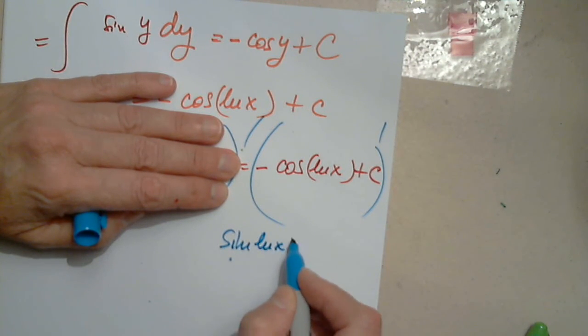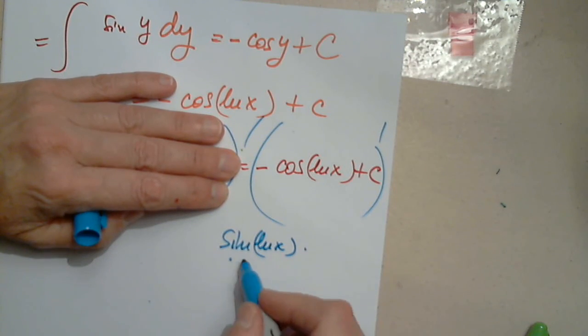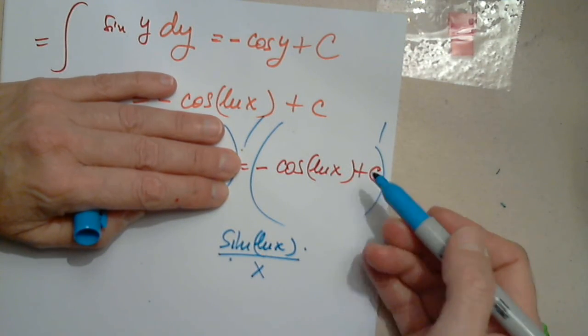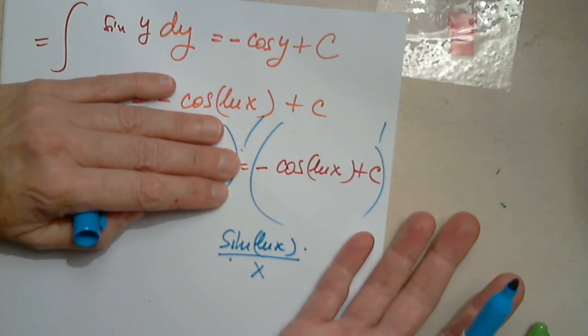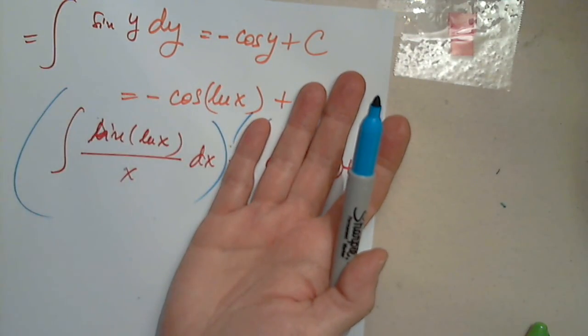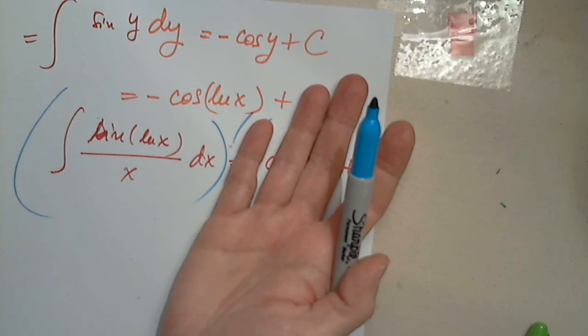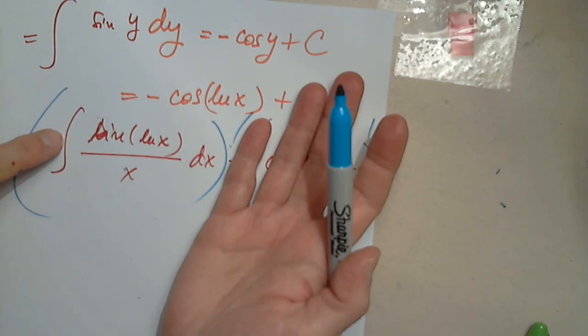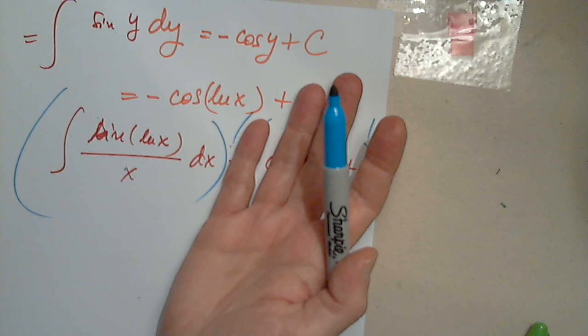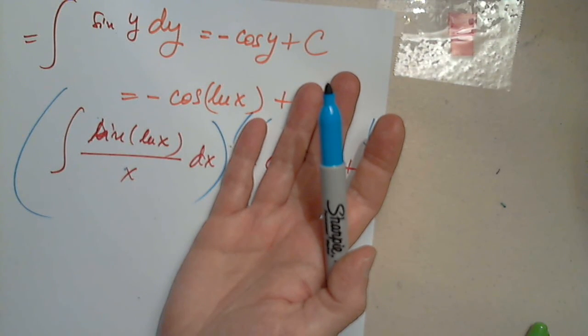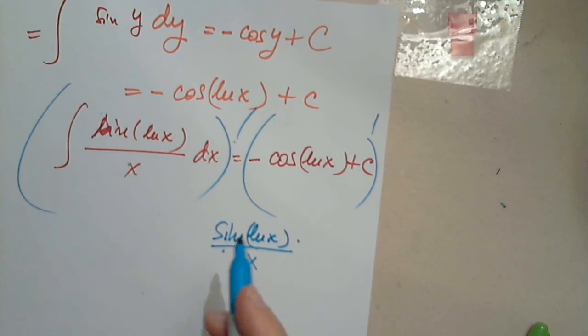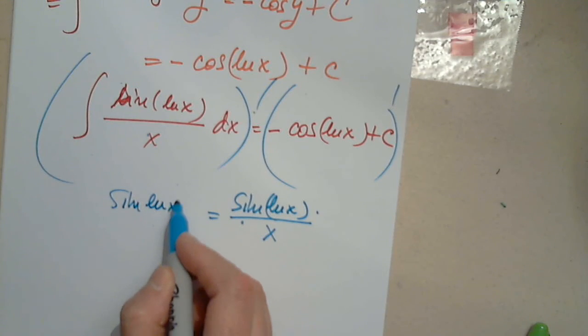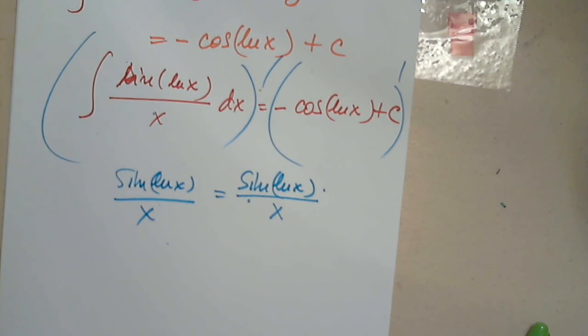I get sine natural log x times the inner function prime, which is 1 over x, times c plus c prime, which is 0. So on this side, I get sine natural log x over x. When I differentiate this side, what do I get? I'm differentiating an integral. What is the result on the left? Just sine natural log x over x. Exactly. That's how the substitution rule works.